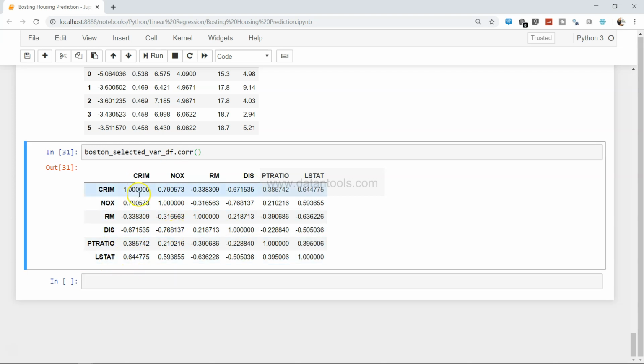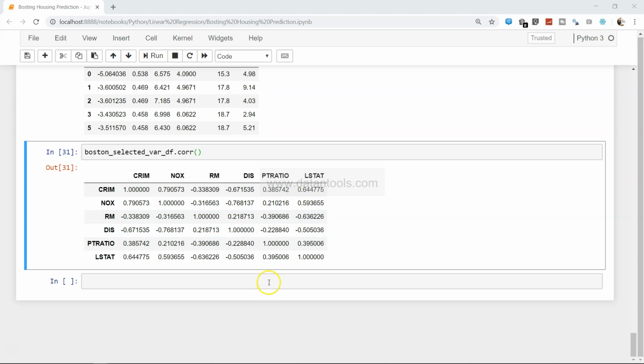Similarly LSTAT, so lower status, and the crime rate has some positive correlation. Yeah, this particular the room and lower status population, yeah, it has some negative correlation over here. So this basically indicates that there are some correlations present among these values, and they can be used as predictors.